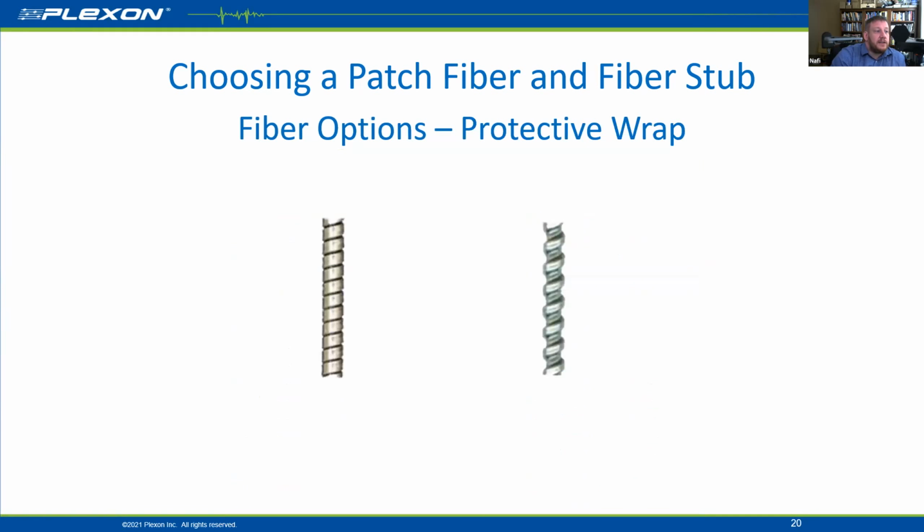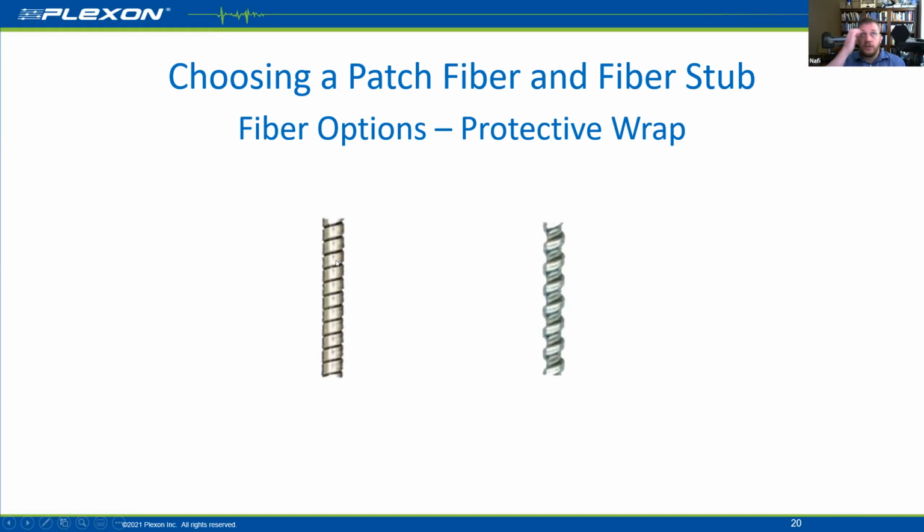Another thing to take into consideration is that rodents like to chew on things. And of course, if they chew on your fiber, that's going to ruin the experiment, and you'll have to replace a patch fiber. So we offer two jacketing options to put around the fiber to protect it. The first is our monocoil wrap, which is very nice and flexible.